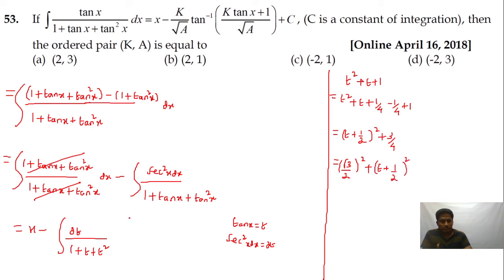So this can be written as x minus integration dt divided by root 3 by 2 the whole square plus t plus half the whole square. So this is of the form 1 upon a square plus x square, which is 1 by a tan inverse of x by a.